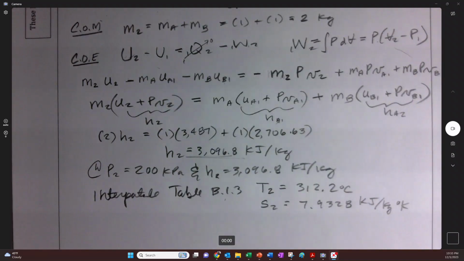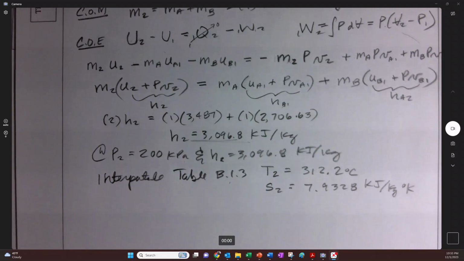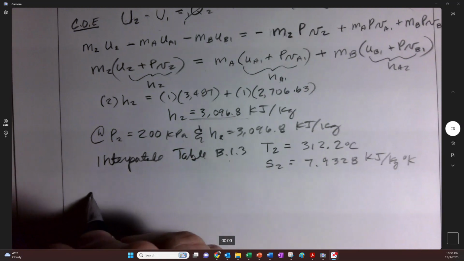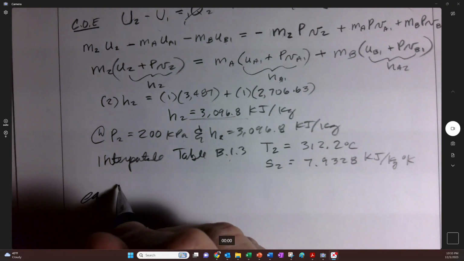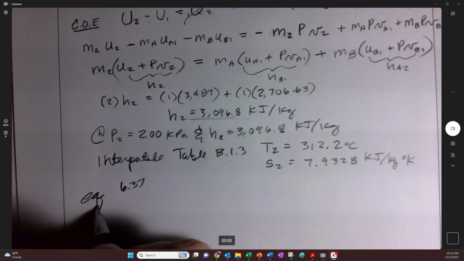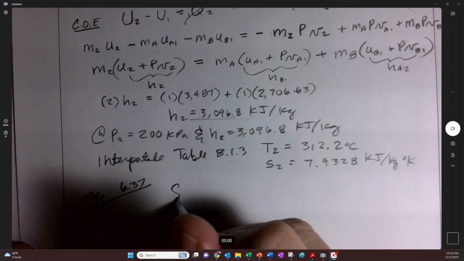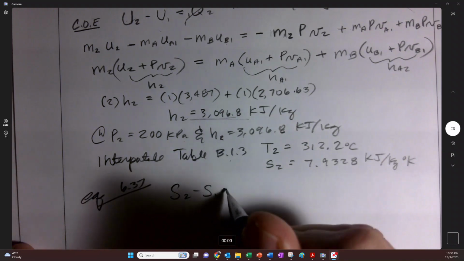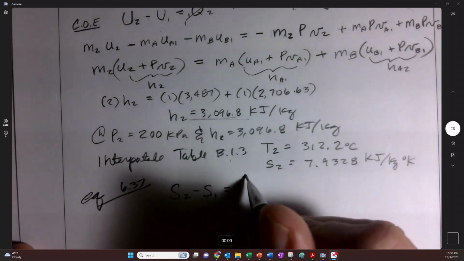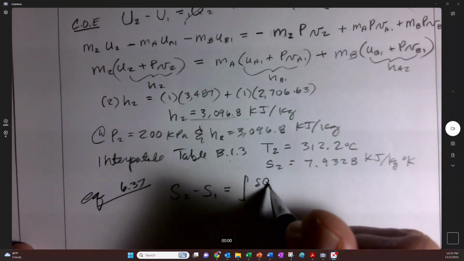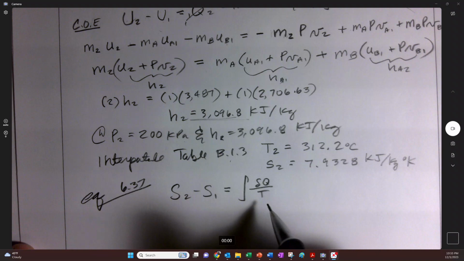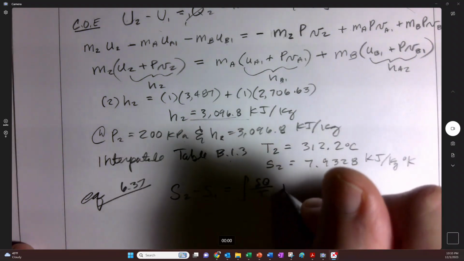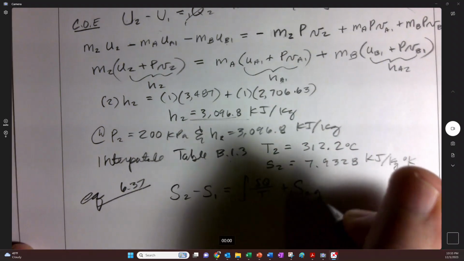But of course, there are masses going in. So from equation 637, S2 minus S1 is equal to the integral of del Q over T, where T is for the boundary, plus S 1 to 2 gen.